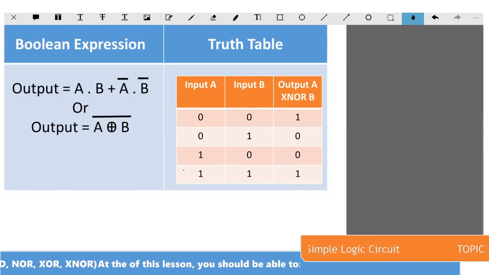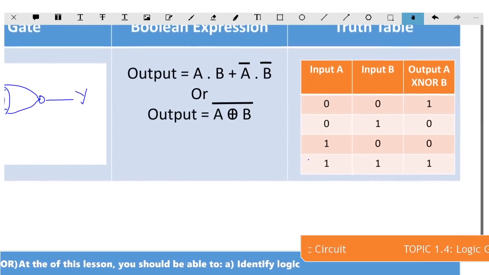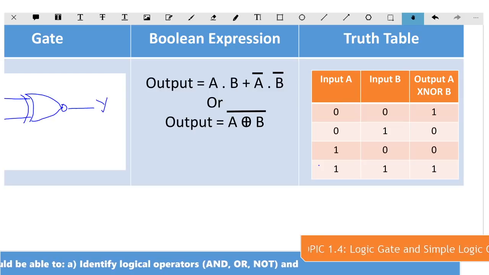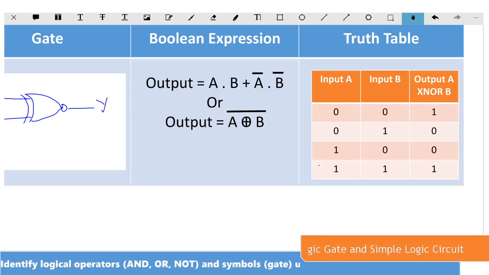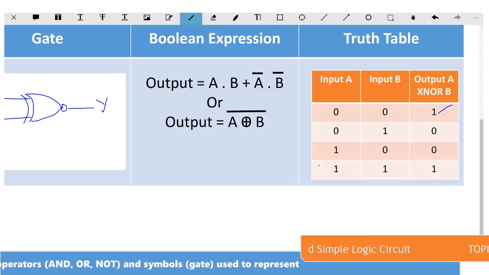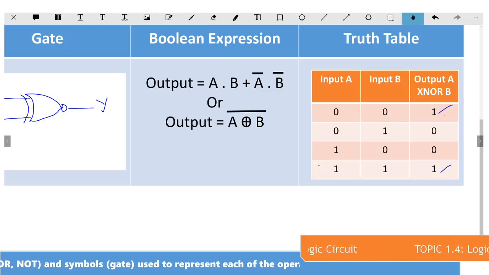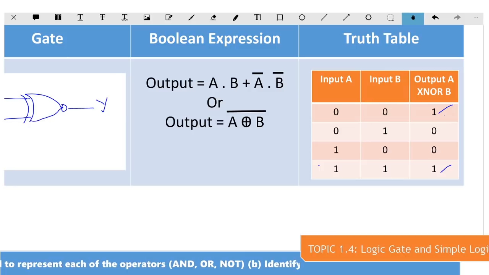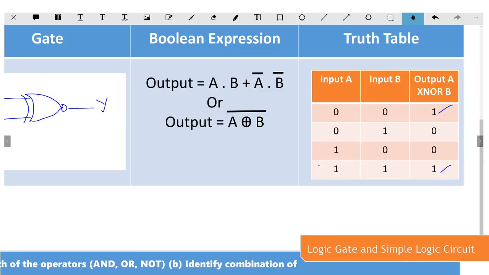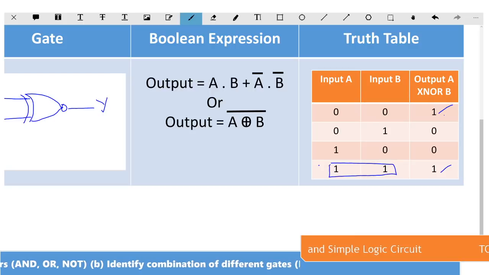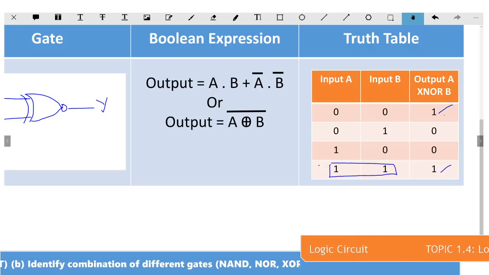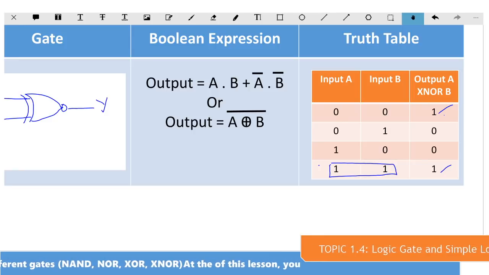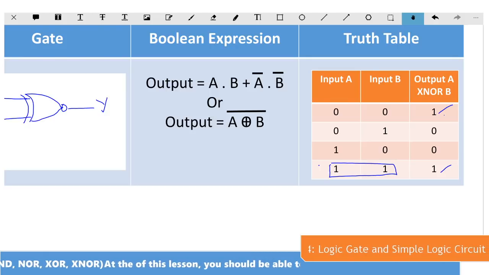The truth table shows the output of an XNOR gate is true in the first row and the last row, when all of its inputs are the same. In the last row, both inputs A and B are true.